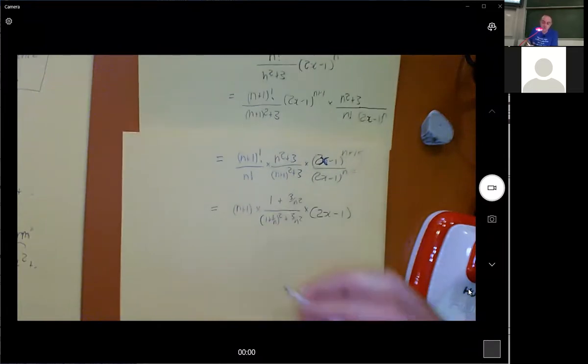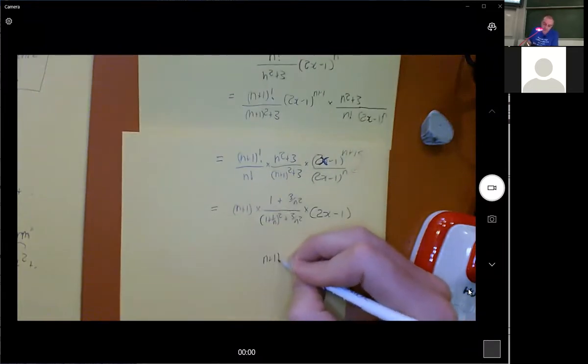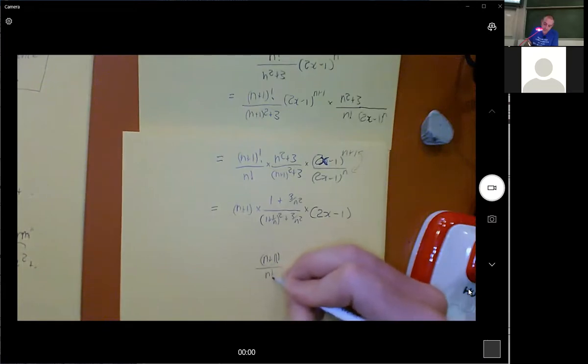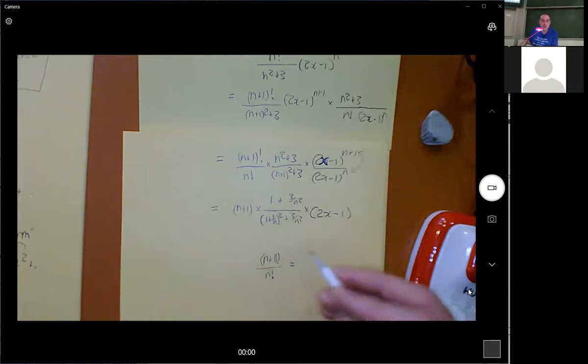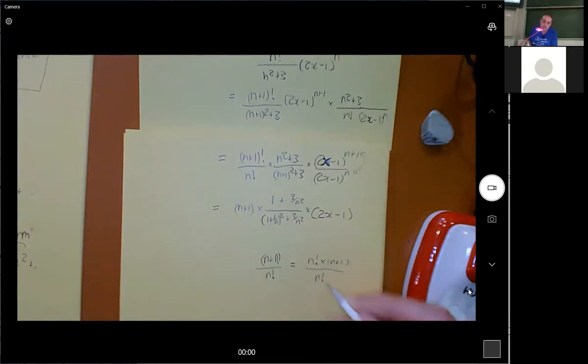So just a useful rule to know that n plus 1 factorial divided by n factorial is, in order to make n plus 1 factorial, first you have to multiply everything from 1 up to n, and then you also have to times by n plus 1. So n plus 1 factorial is the same as this. And so then they cancel and you get n plus 1.